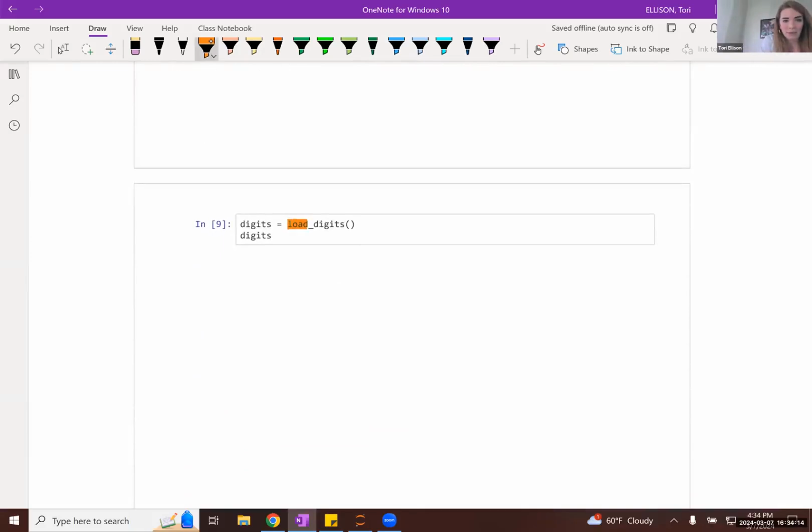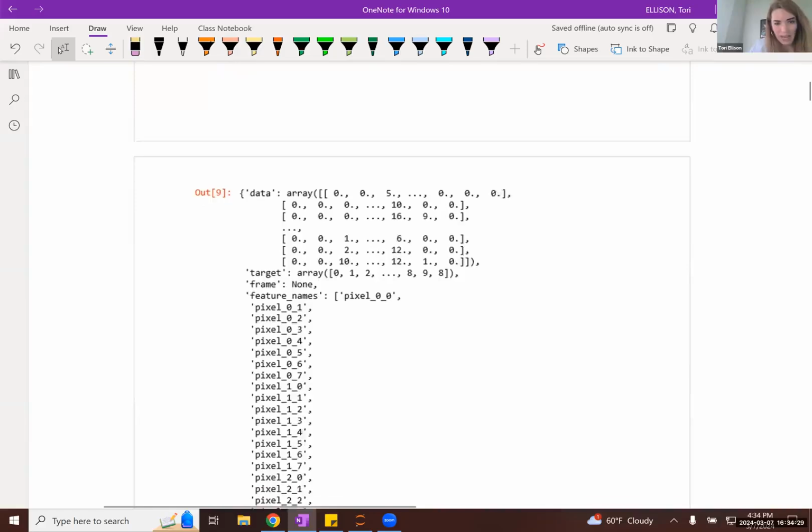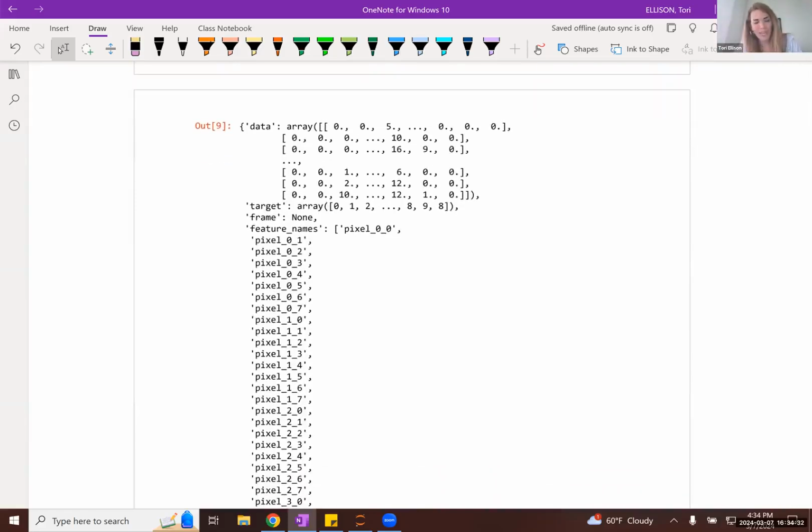And so if you simply want to get the MNIST dataset, you can simply instantiate an object with the load digits function. Now this object resembles a dictionary in basically how it functions.